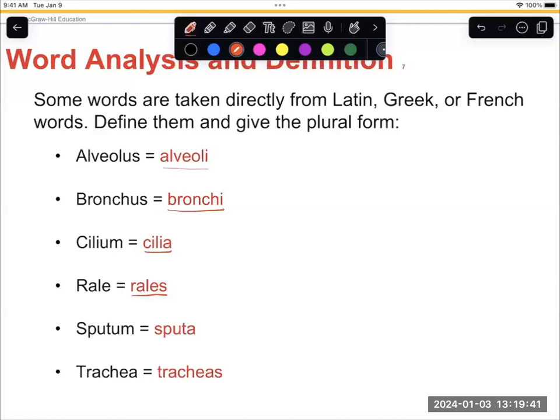Sputum in Latin means to spit. Sputa is plural, so matter coughed up and spat out by individuals with respiratory disorders. Trachea is Greek for windpipe. Tracheas is plural. This is the air tube from the larynx to the bronchi.